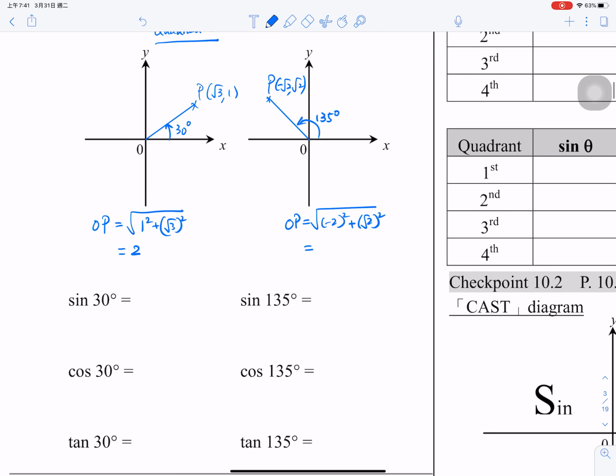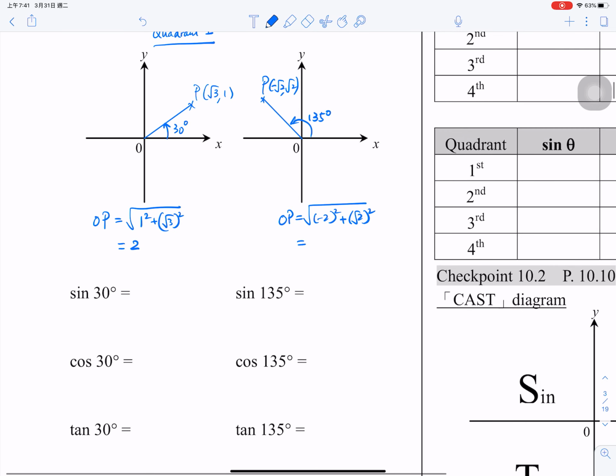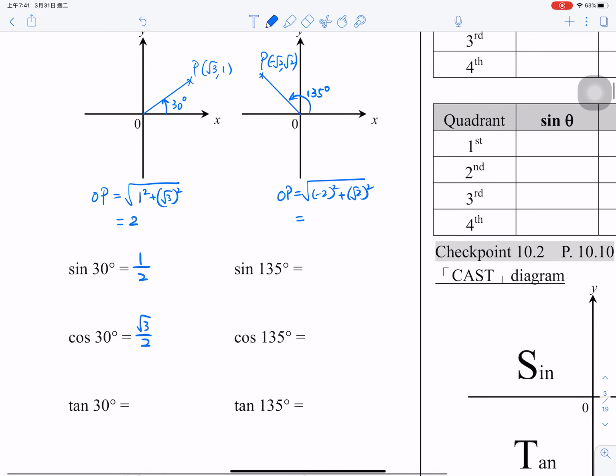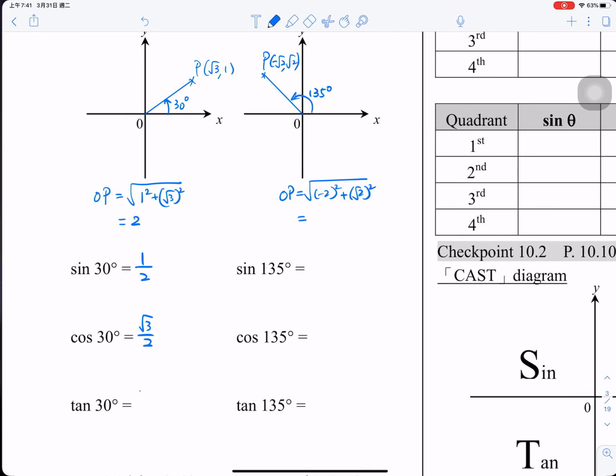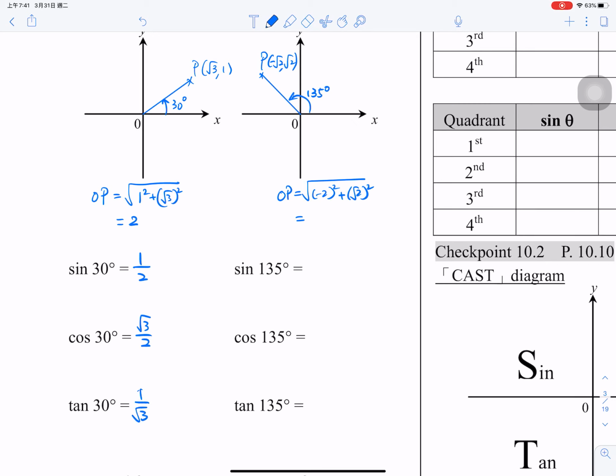Then you can write it easily: sine is y over r, that means 1 over 2. Cosine 30 degrees is root 3 over 2, x over r. And lastly, tangent is y over x, 1 over root 3, which simply rewrites as root 3 over 3. So this one is positive, and also positive.